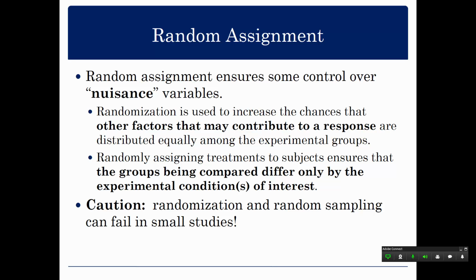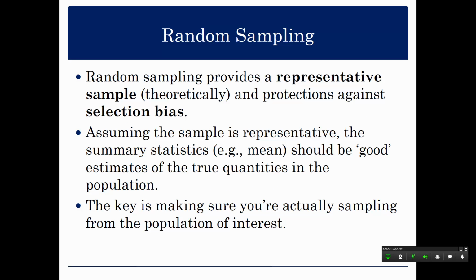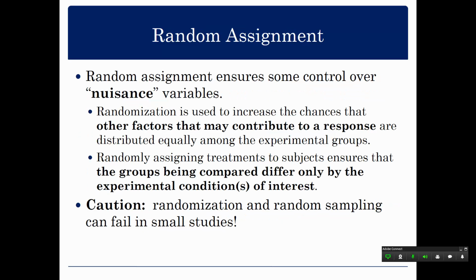Okay, so random assignment. Just to be clear, we were talking about getting a representative sample by randomly sampling from a population. Random assignment we use when we have multiple groups, multiple treatment groups in a study, and we want to ensure some protection against what are called nuisance variables.